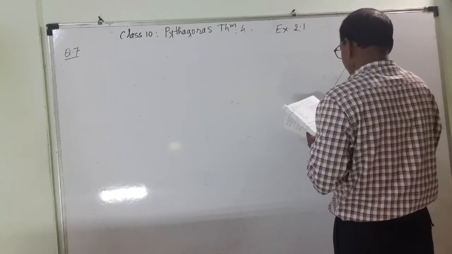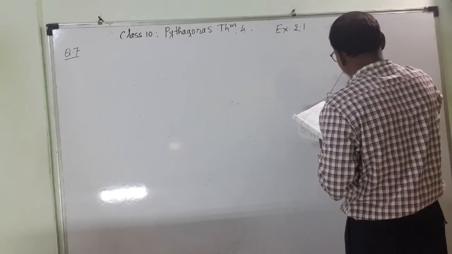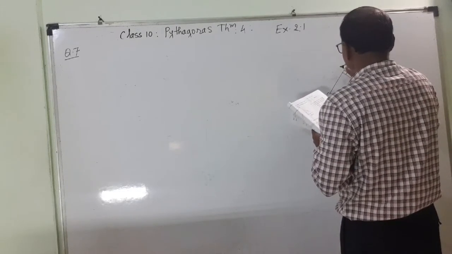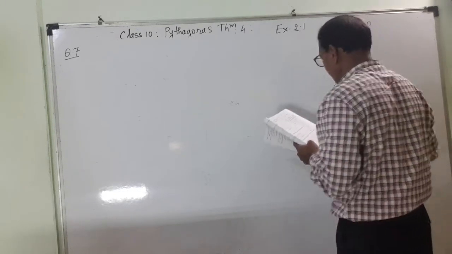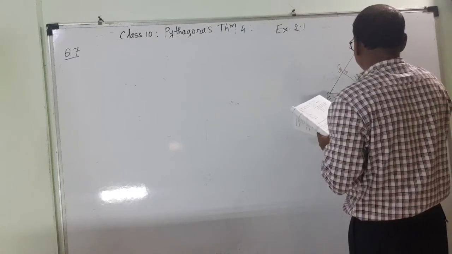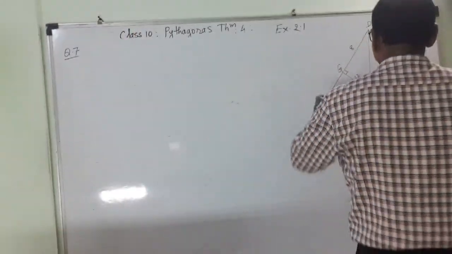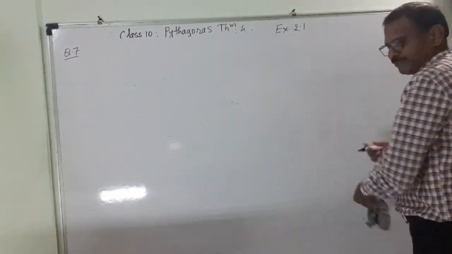This is DEF, a right angle triangle. From this, a perpendicular is drawn. This is G. This part is 8 and this part is 12. I think the figure is very faint. I will change the pen and draw a neat figure.